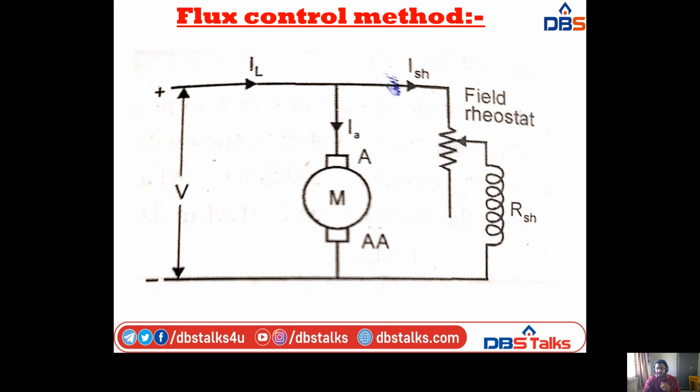It consists of the current ISH, the armature current IA, and also the load current IL, because the armature winding and shunt field winding are connected across the load. Here we have the supply voltage V or terminal voltage V.